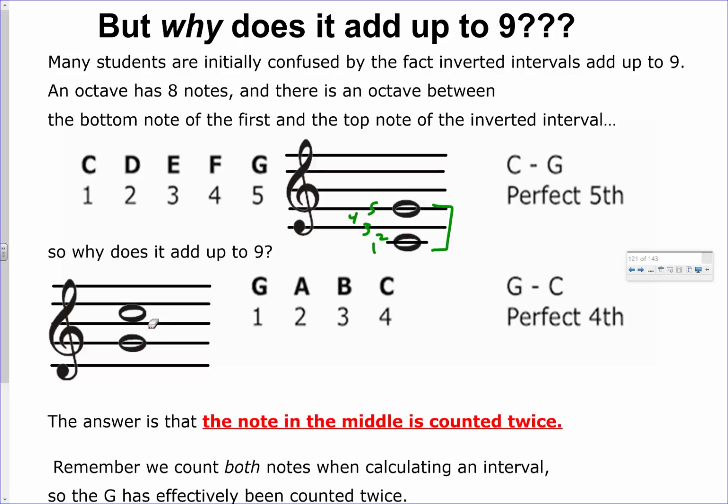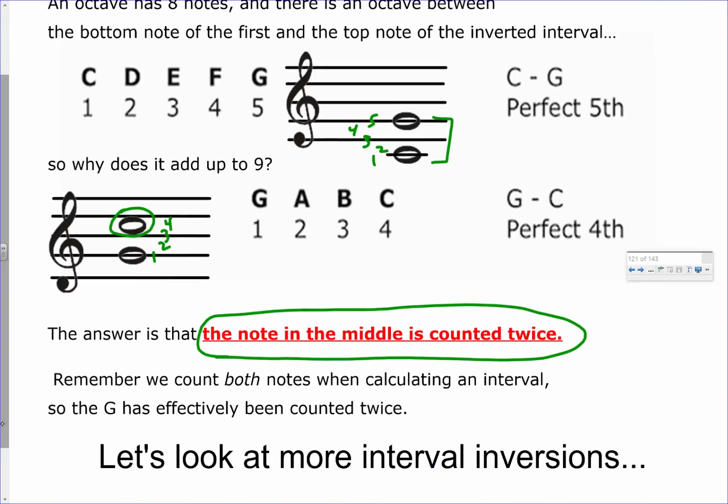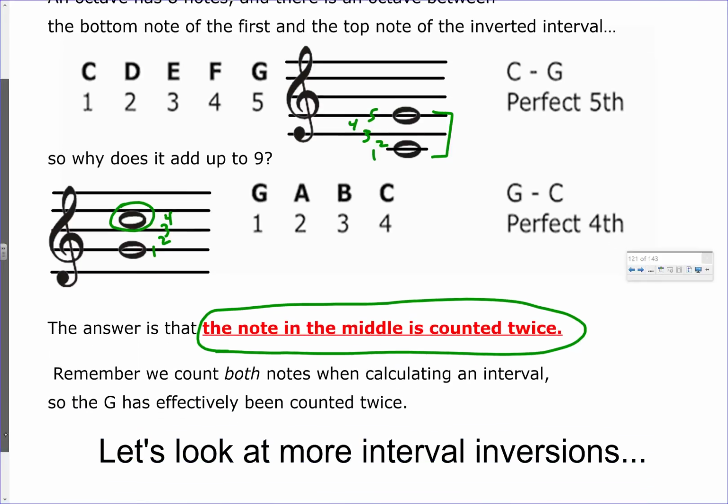When inverted and the C is on top, we have 1, 2, 3, 4, a fourth. In other words, the answer is that the note in the middle, which is the G, is counted twice. Remember, we count both notes when calculating an interval, so the G has effectively been counted twice.